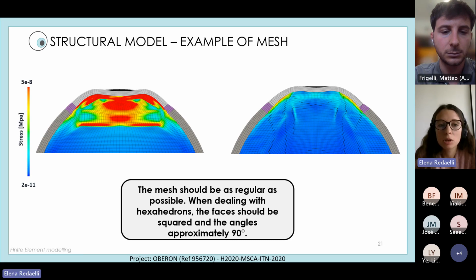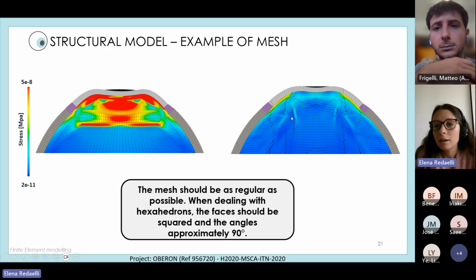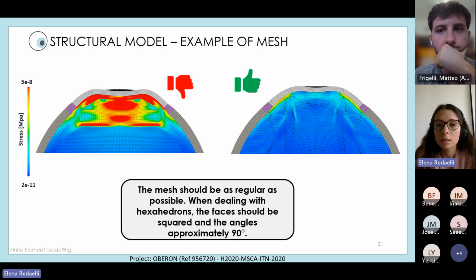And this is because the elements are degenerated and they deform in a way that is only numerical. Here instead, we can see that in these regions, we don't have this concentration of stress. So this is the reason why we should take a lot of care into the discretization of the structural mesh.